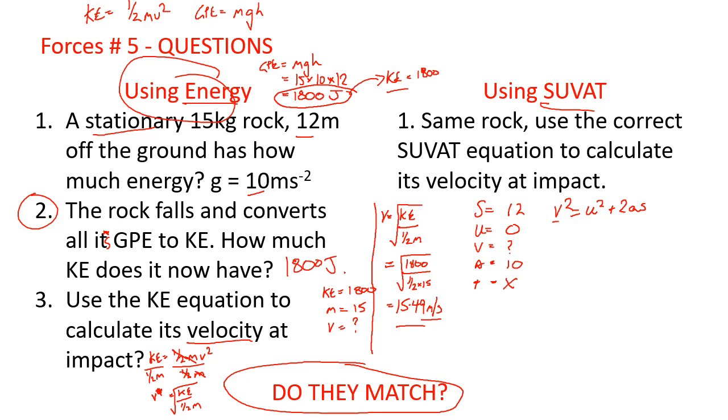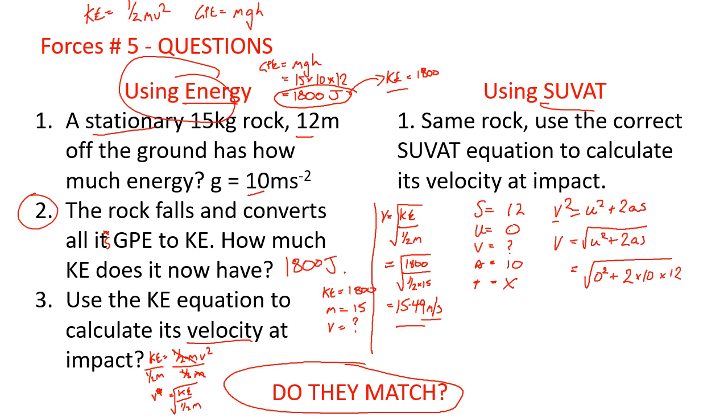Well, this is nice and easy. We just want to square root v squared. So if we square root v squared, it becomes v, but we've got to square root the whole other side. So the square root of u squared plus 2as, that's probably the easiest rearrangement you'll ever get. And now we put the numbers in. So our initial is 0. 2 times, what's our acceleration? 10. And our distance is 12.